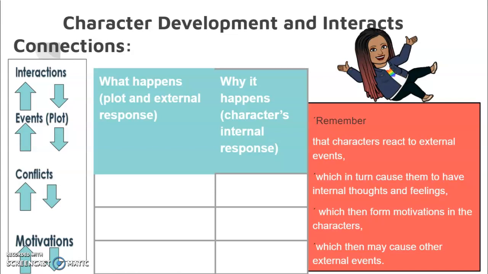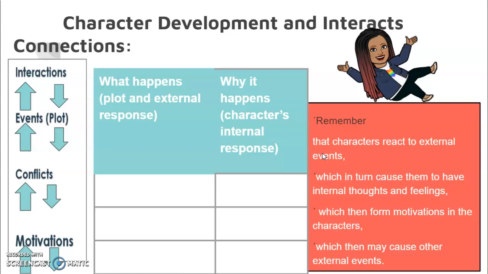Now, we can also look at what happens in the story and why it happened. What happened with the three little pigs? Well, two of the pigs were murdered. Why did it happen? What was the internal response of the wolf? Remember that the character's reactions create external events.